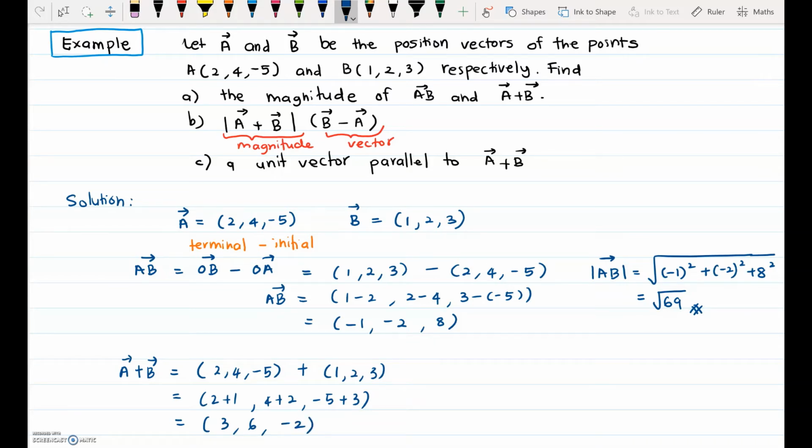So we want to find the magnitude of A plus B. It is the square root of 3 squared plus 6 squared plus -2 squared, which equals the square root of 49, and that equals 7. So this is the answer for the first question A.